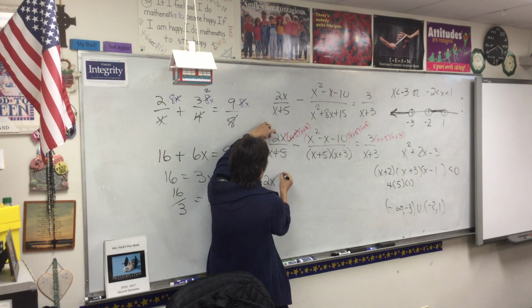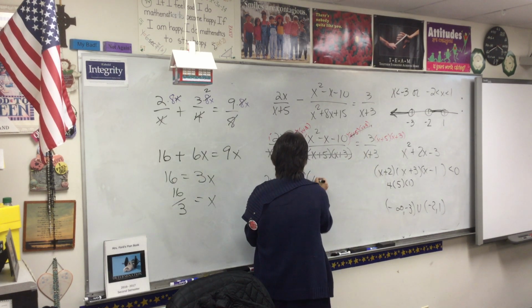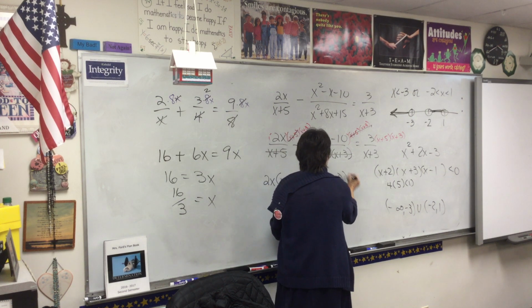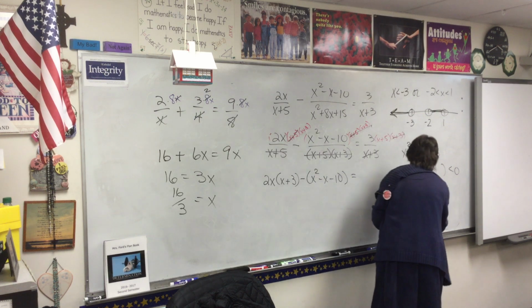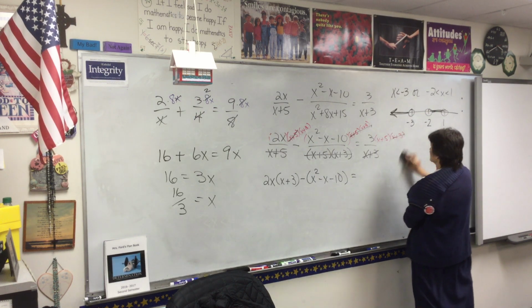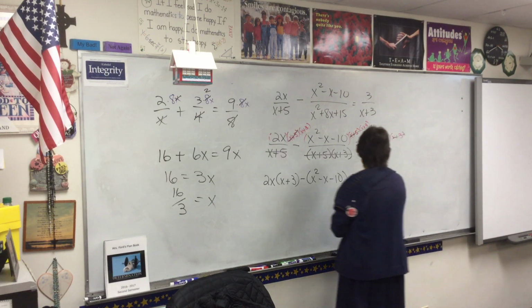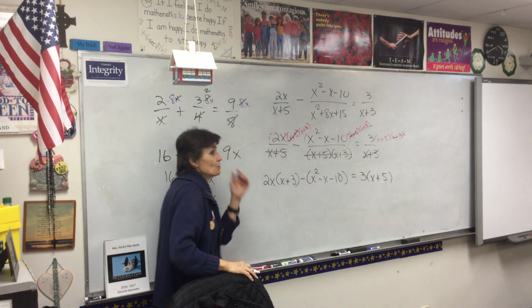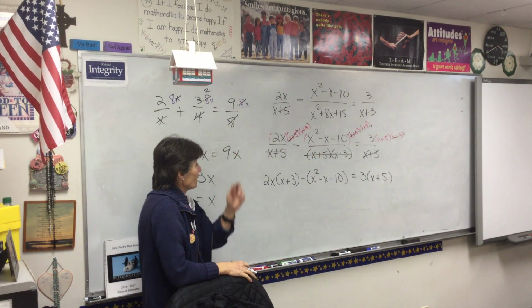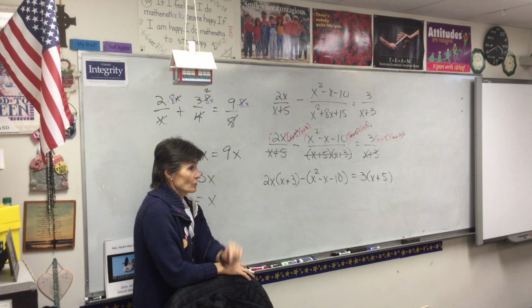So I have 2x times x plus 3 minus (x squared minus x minus 10) equals 3x plus 5. So make sure that you have multiplied by x plus 5, x plus 3, and canceled, and yours looks like this.